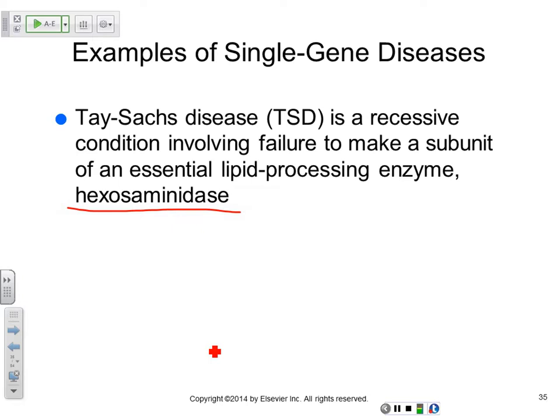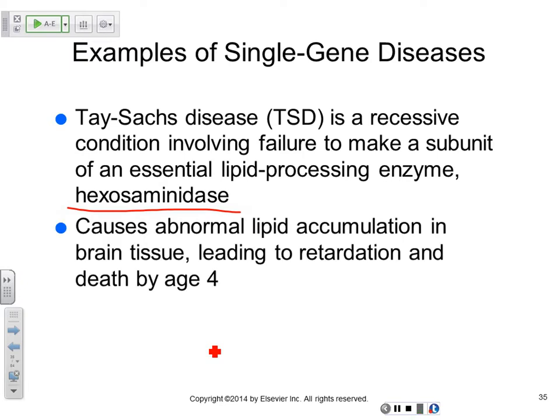Hexosaminidase is the enzyme with the problem gene, and it's not processing these lipids, and when they accumulate in your brain, you get problems. Like I say, all these lipids accumulate in your brain and can result in death by age 4.